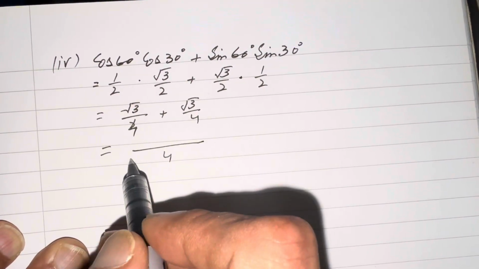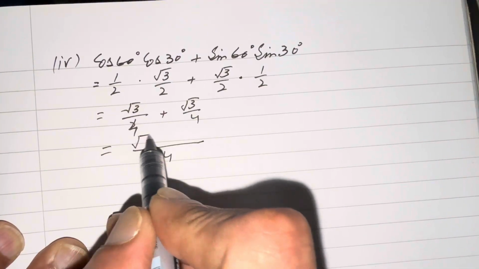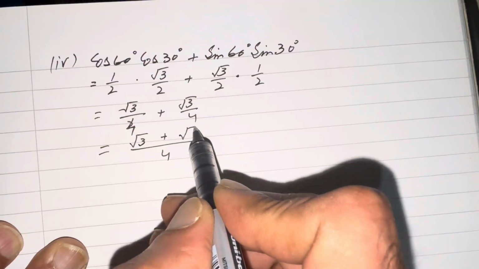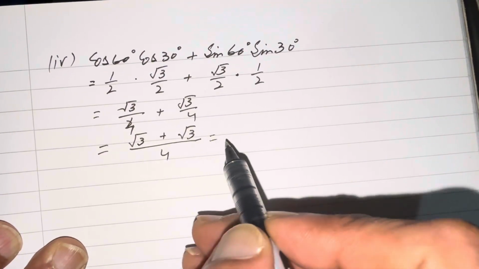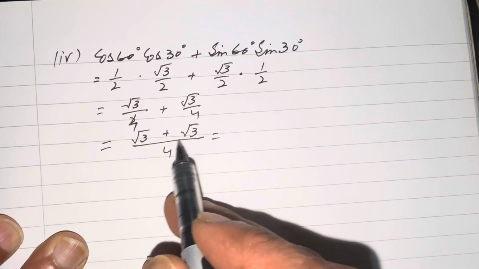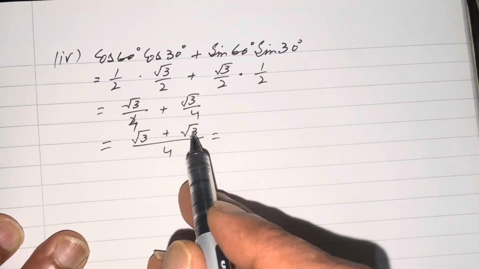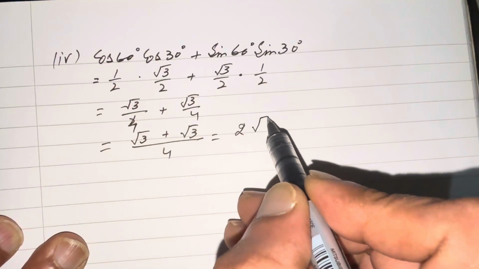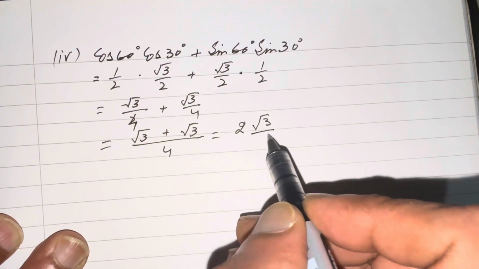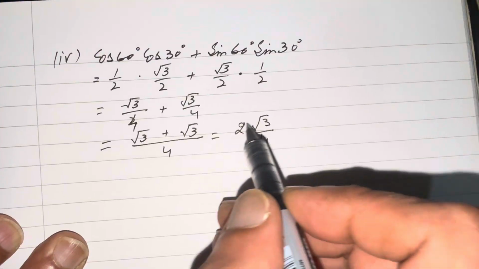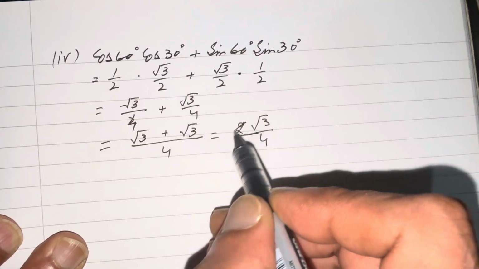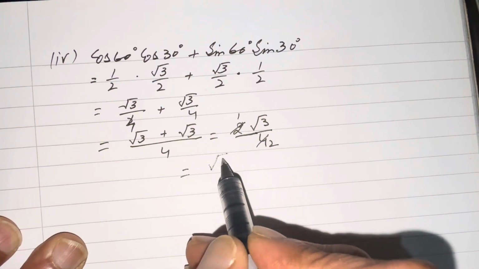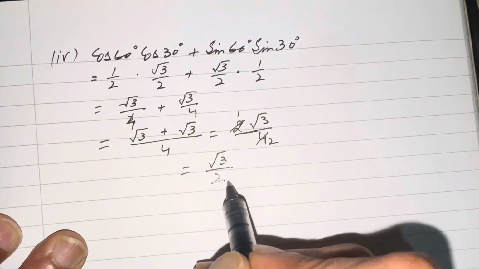So 4 ones are 4 and 1 root 3 is root 3, so root 3 will stay as it is. Now these are the two same values added with each other, so we can write this as 2 into root 3 over 4. 2 ones are 2 and 2 twos are 4, so the answer will be root 3 divided by 2.